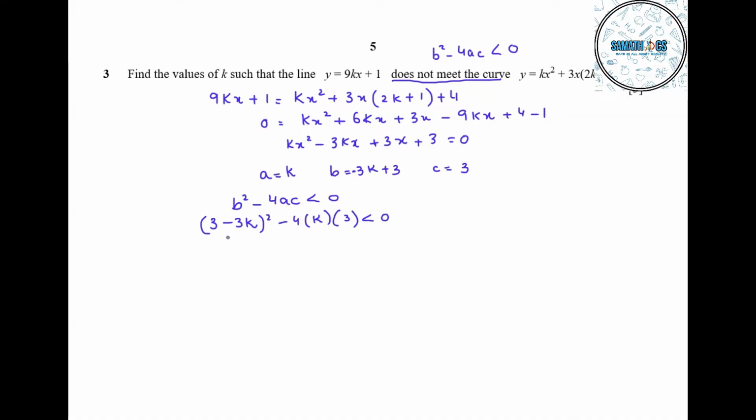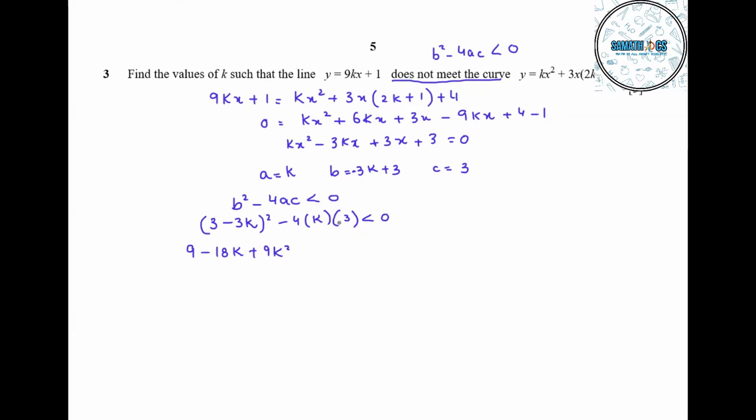So we'll use the identity to expand this. 3 square is 9. 3 multiplied by 3k is 9k and 9k twos are 18k. So minus 18k. Then 3k square is 9k square.